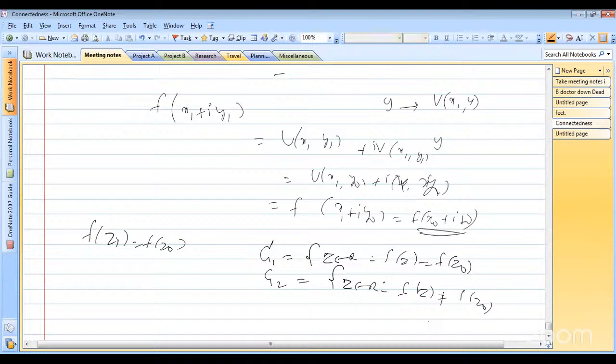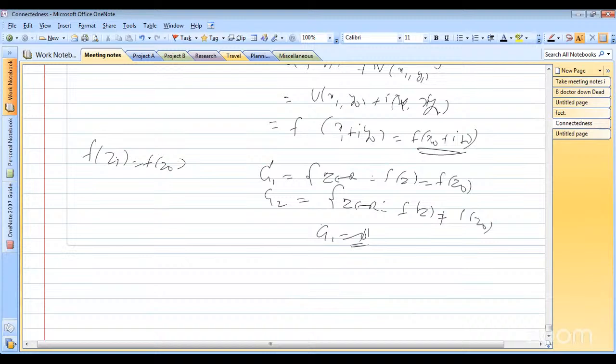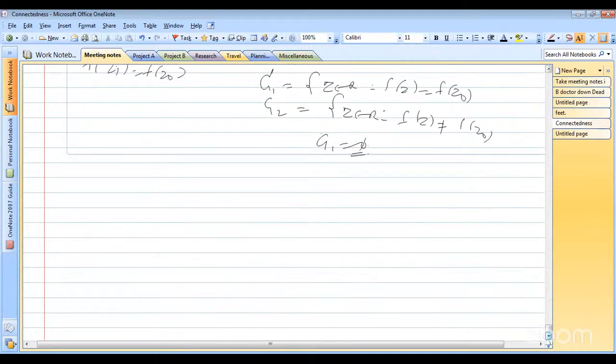We know that G1 is not equal to phi, so there exists a point z0. So f(z) is equal to f(z0) for all z belonging to G1. Therefore G2 is also not equal to phi, we know that.